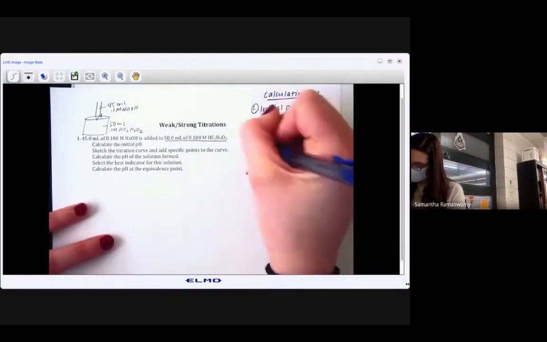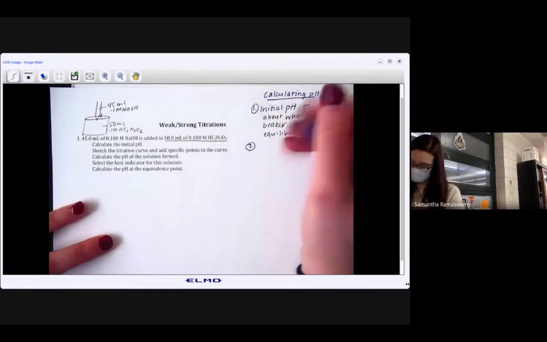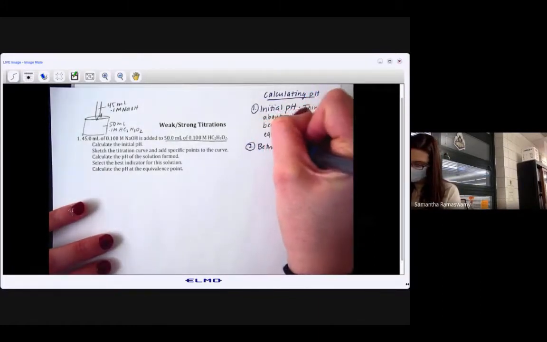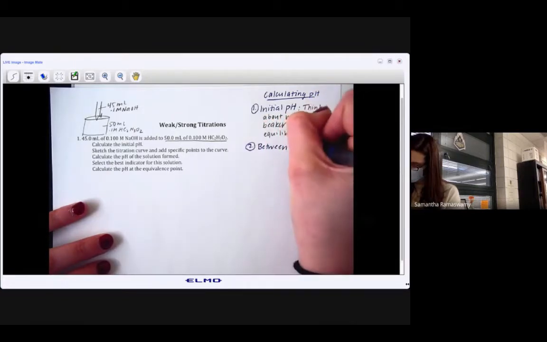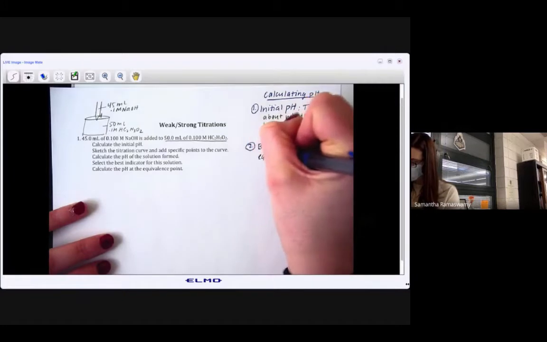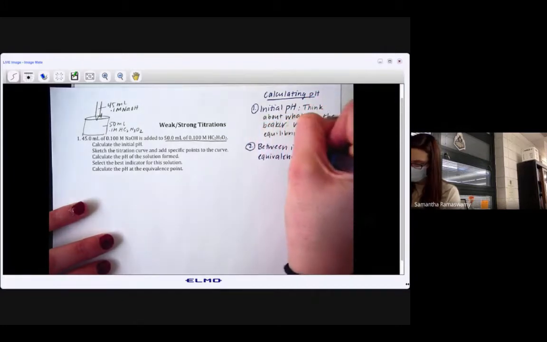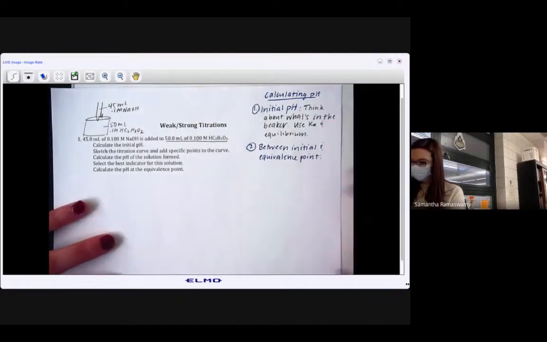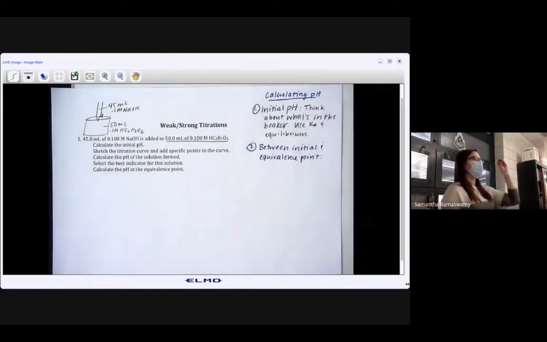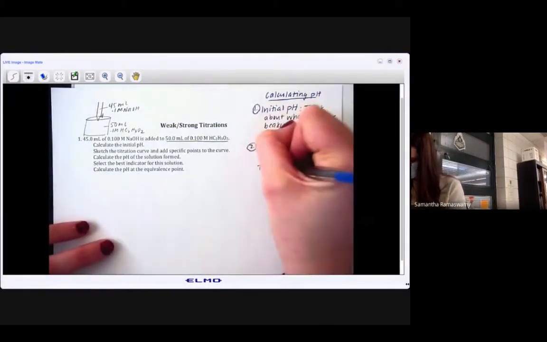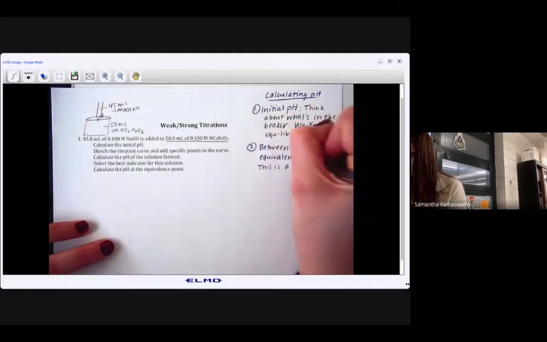The second place, and we'll do it in this question, that they'll ask us to calculate pH is between initial and equivalence point. So they might ask us to calculate the pH somewhere between when the first drop of NaOH is added all the way up until the equivalence point. So this is a buffer region.